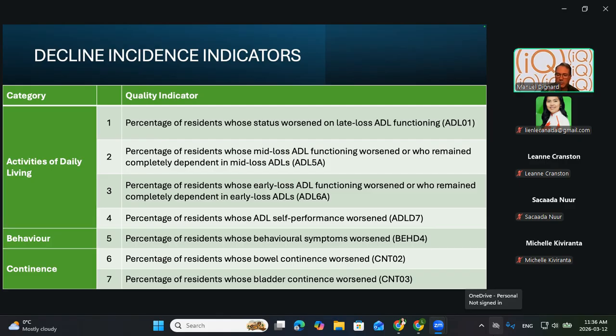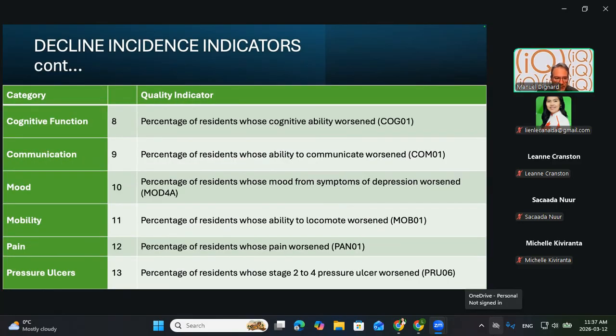So this is the largest one, all right? We have 13 decline incident indicators. In the CCRS, we had 14, now we have 13, okay? And they cover the whole spectrum of resident outcomes: behaviors, continence, ADL, communication, cognition, mood, pressure ulcers. So we have the first 7 on the screen here, and then we have the other 6 right here.